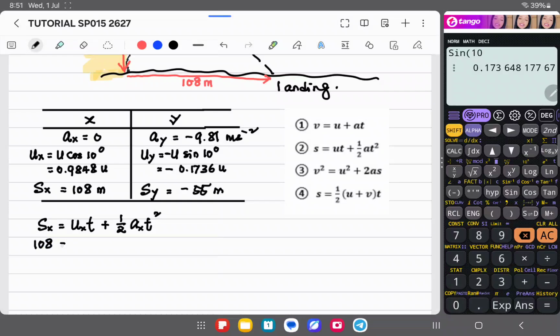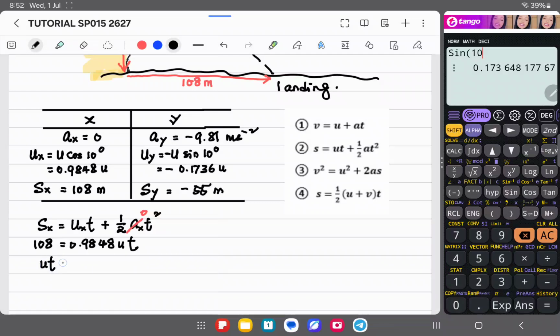Our horizontal distance is 108, and ux is 0.9848u times t. Since ax is 0, the second term vanishes.